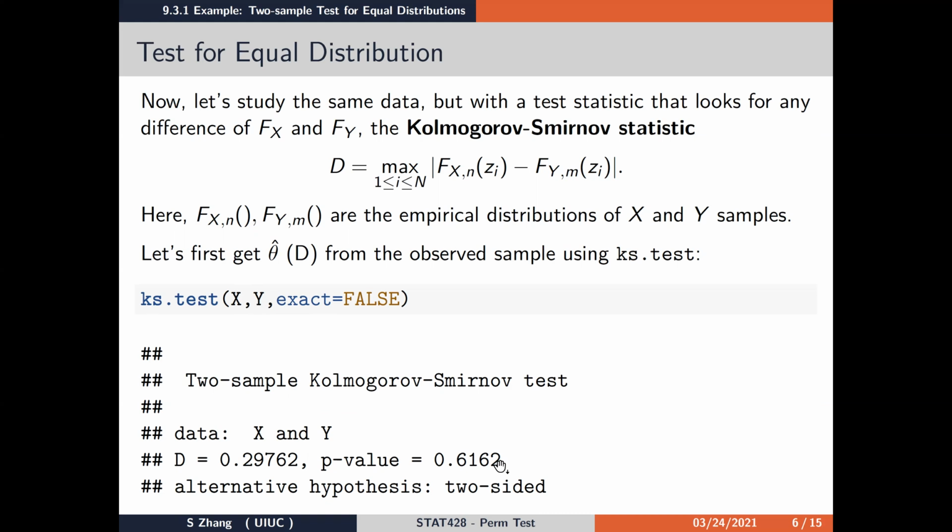So what is the chance of observing something larger than or equal to the D we have here? Again, we can see that the KS test tells us that there's no significant difference in the distribution of weights of chicks who are fed the two types of supplements. Let's see whether we get the same conclusion using permutation test.